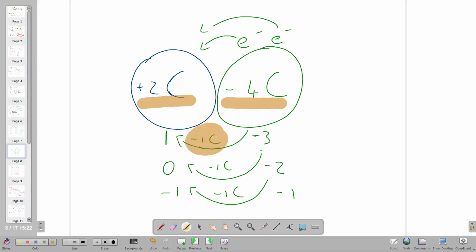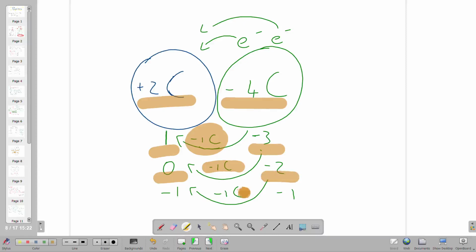Then the left hand has a charge of 1 and the right hand has a charge of -3. Then you take another coulomb over and this one has a charge of 0, because 1 minus 1 is 0, and you've taken a -1 away, and this one becomes -2.